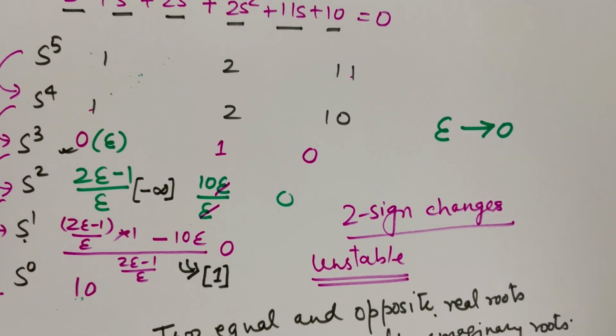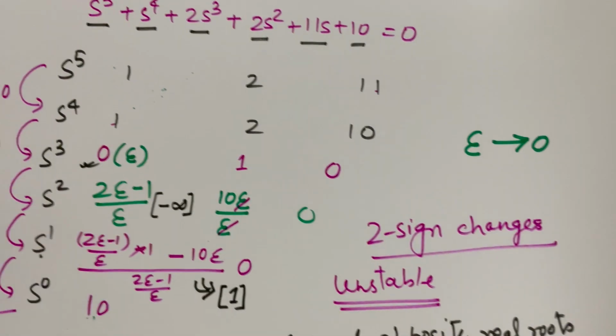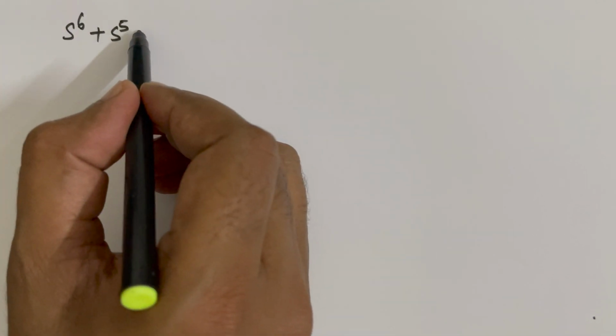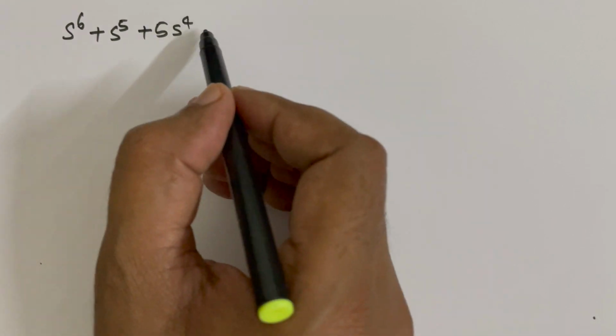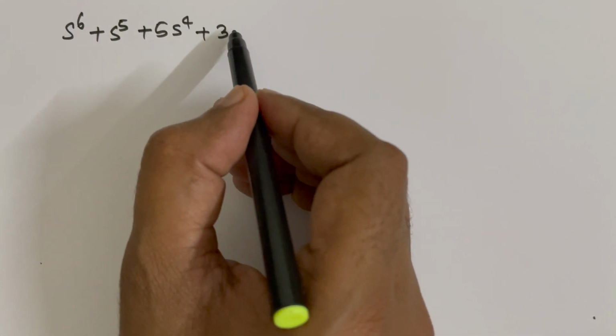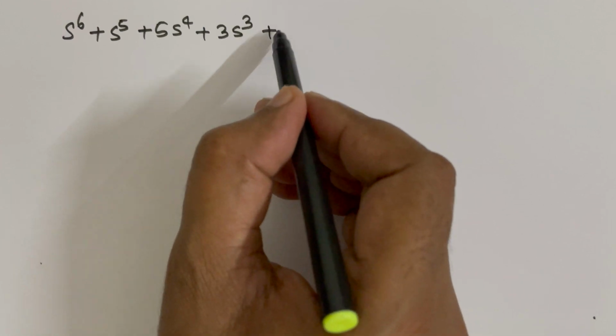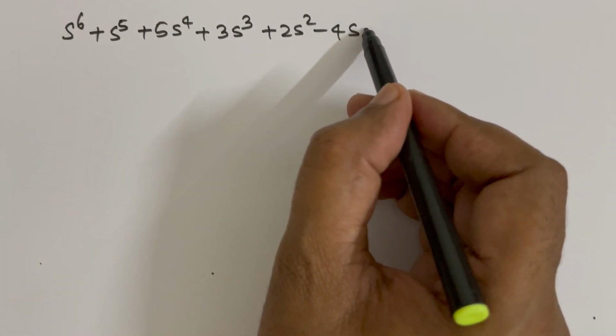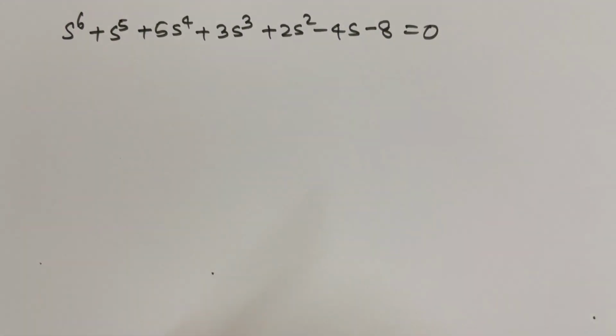Next, one more problem I'll show you, which is again a special case where we have to write the auxiliary equation. Let's take S6 plus S5 plus 5s to the power 4 plus 3s cube plus 2s square minus 4s minus 8 equal to 0.